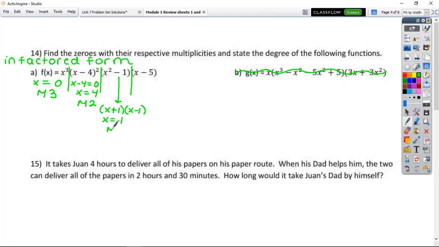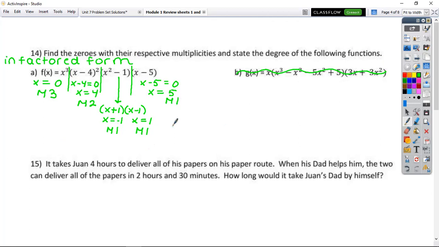Only occurs once, so multiplicity of 1. And this one is x equals 1, multiplicity of 1. And then my last one, this would be x minus 5 equals 0 if you want to show it. So therefore, x would be equal to 5, multiplicity of 1.